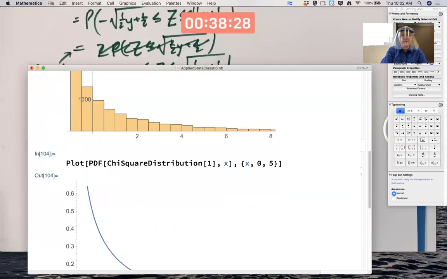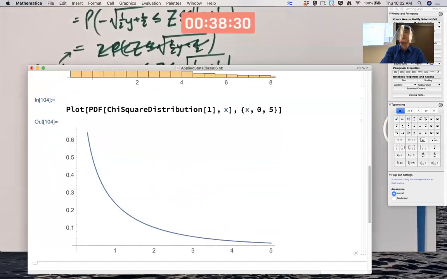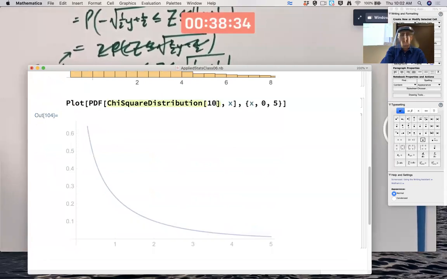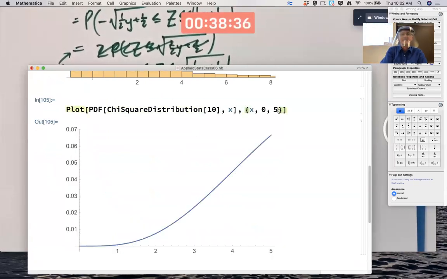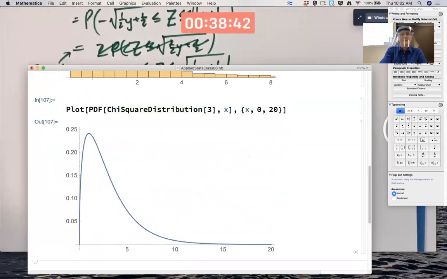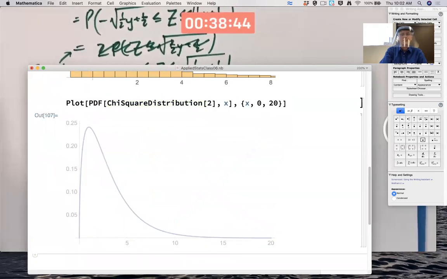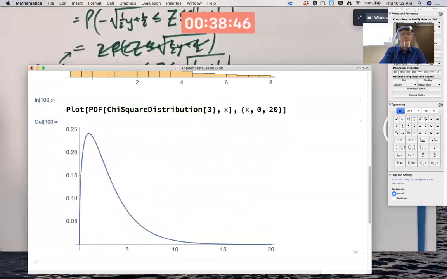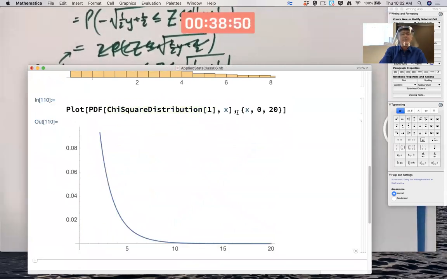With 1 degree of freedom, it goes down like an exponential decay. If it's a higher number of degrees of freedom, like 10, it'll go up first before going down. Even 2 degrees of freedom does that. Well, maybe 3 degrees of freedom does it. 1 degree of freedom doesn't.